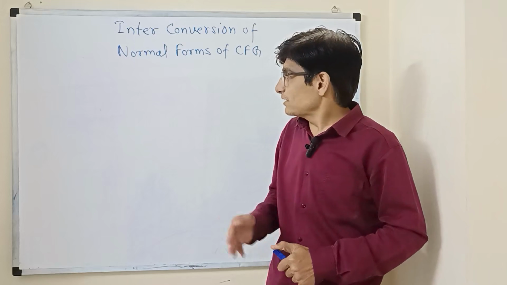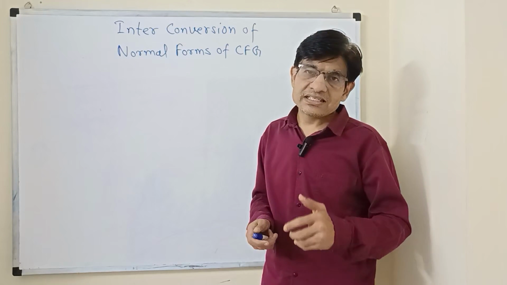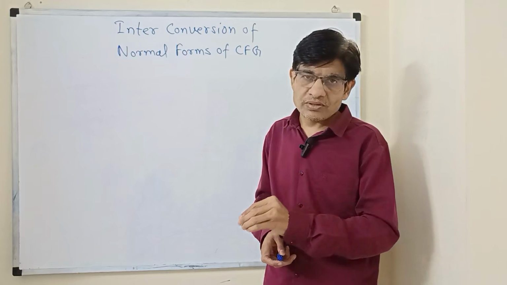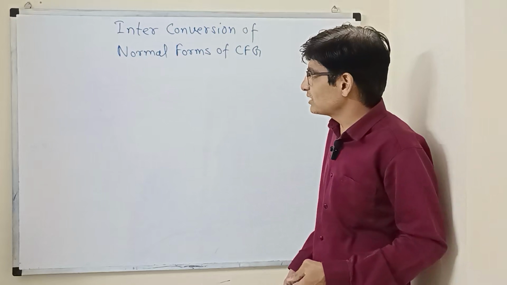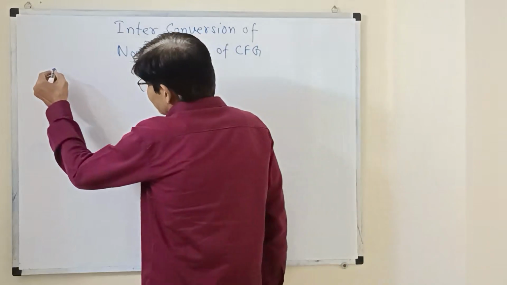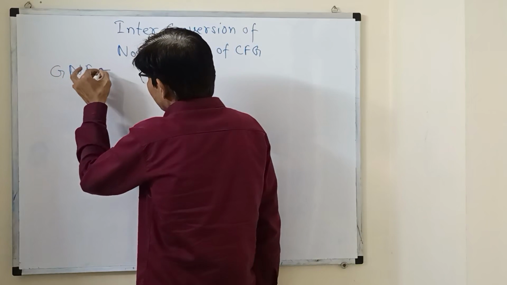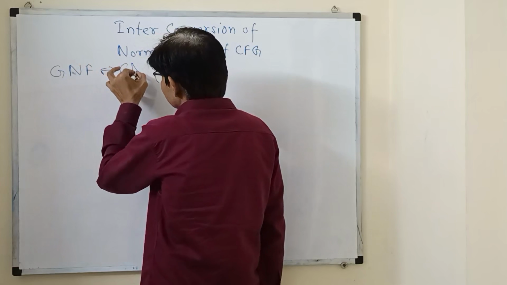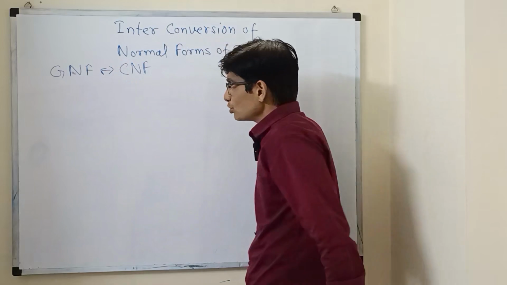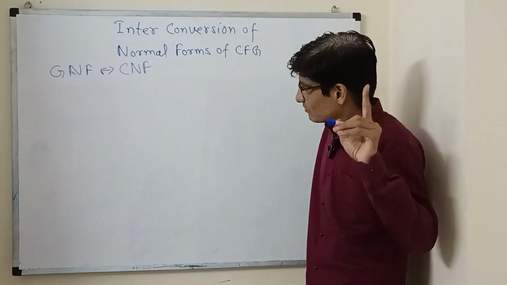So in this lecture we will see the technique to convert from one normal form to another. So in this particular lecture we will see both the conversions, like GNF to CNF and CNF to GNF. Both the conversions we will see in this particular lecture. So first we will take one by one.